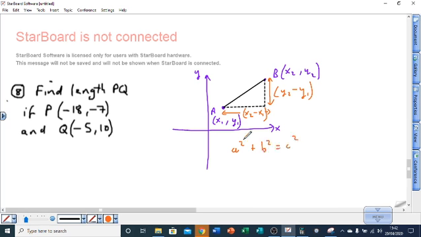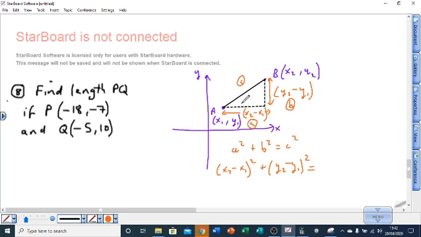Let's call this my a, this my b, and this my c. A is the length x2 minus x1, and we've got to square it, plus b, that's my length y2 minus y1, and we've got to square it, and that gives you c squared.